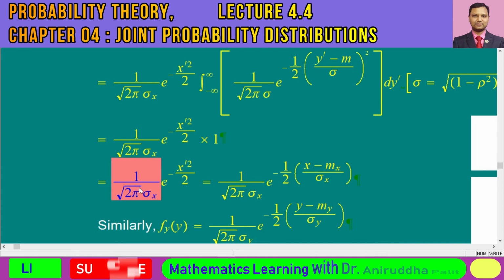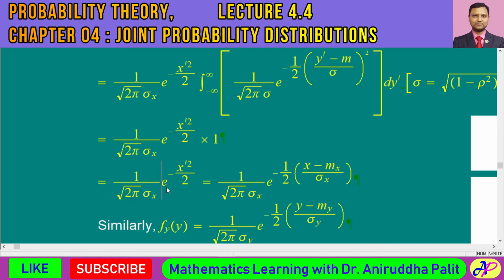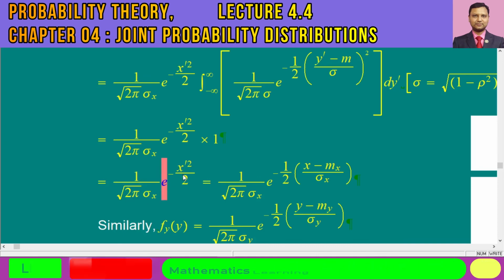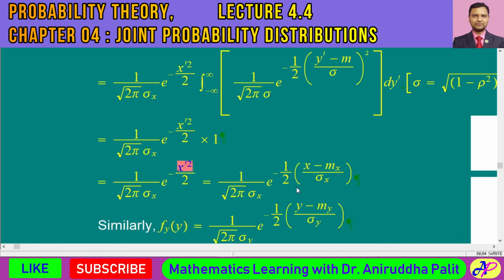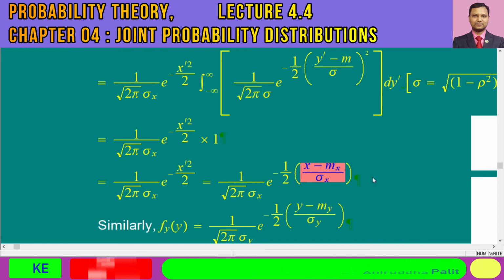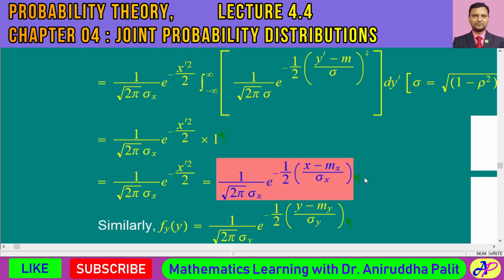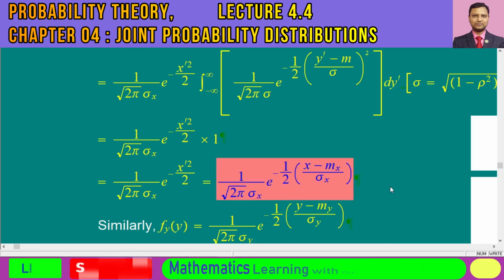It is equal to 1 by root over of twice pi sigma x into e to the power of minus half x prime square. What is x prime? X prime is equal to x minus mx by sigma x. So this is the marginal density function of x.